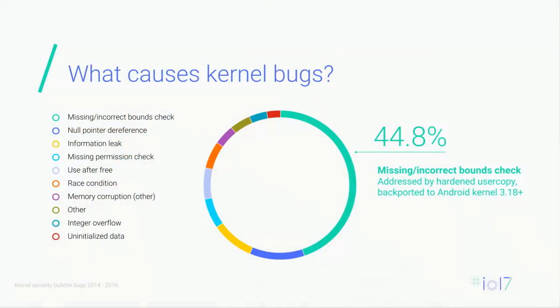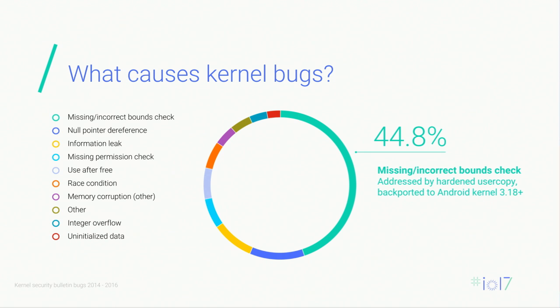So we looked into what causes kernel bugs. We looked into the data from 2014 and 2016 and categorized different kernel bugs into different categories. And we see that the largest category, accounting for about 45%, is missing and incorrect bounds checks when we're copying data from user space to the kernel.